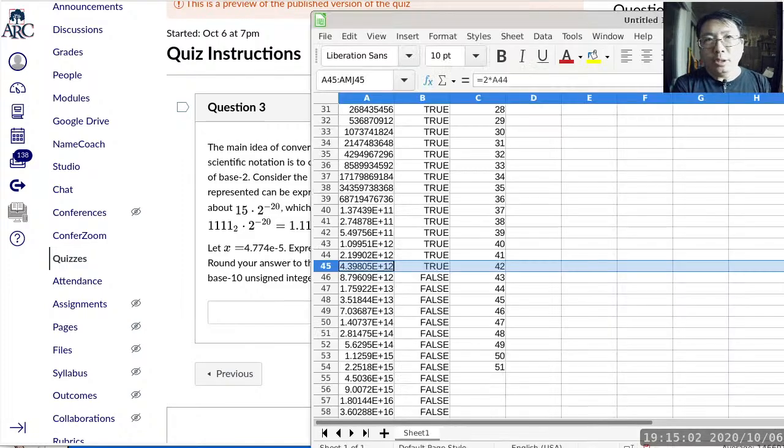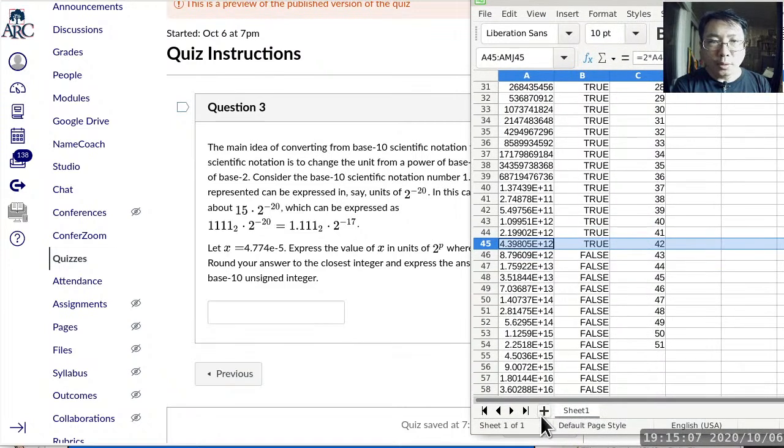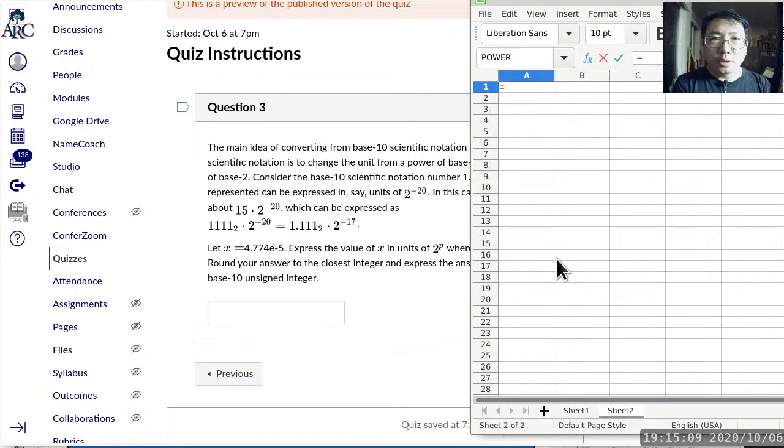So let's see if we can use a spreadsheet to do that. All right, so I'm going to put it on a new sheet here. If I use a spreadsheet to do this, I would just enter round of 4.774e-5. You can see that spreadsheets also use exactly the same scientific notation, and we're going to divide it by power(2, -21), I think.